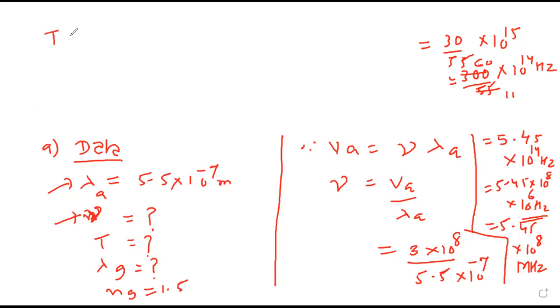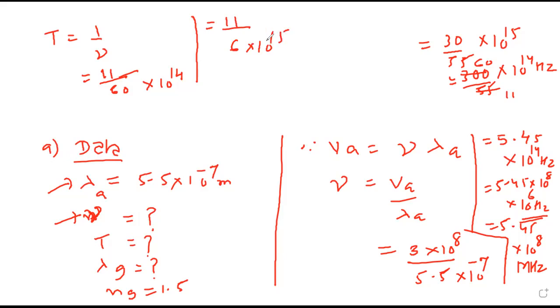Time period. Time period is reciprocal of frequency. Time period we want in microsecond. So this is nothing but first in standard unit. I'm taking reciprocal, that is 11 upon 60 into 10 raised to 14. I've just taken reciprocal of this. 11 goes up, 60 upon 14 comes down. So it is 11 upon 6 into 10 raised to 15. 6 into 1 is 6.